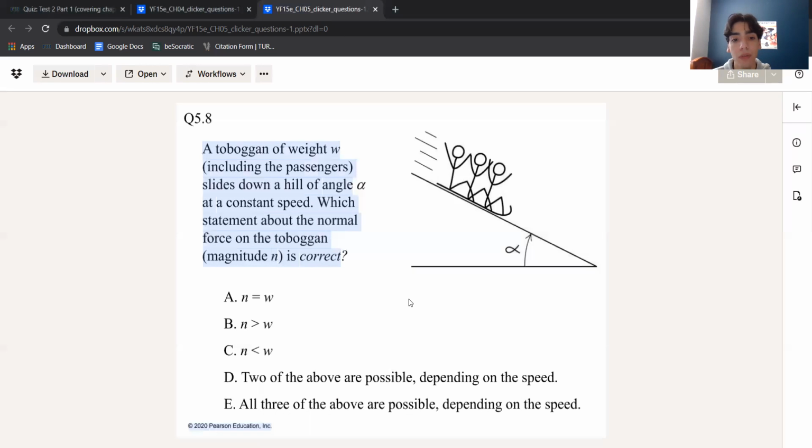Okay, so knowing this, we know that the speed is constant, so the acceleration is 0. I would say that weight would be greater than normal force, because if not, it wouldn't move. Yeah, so weight has to be higher than the normal force.